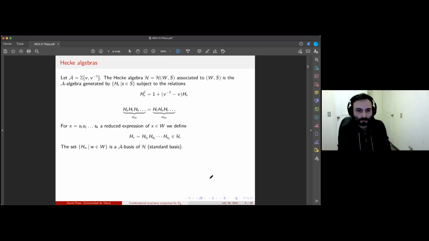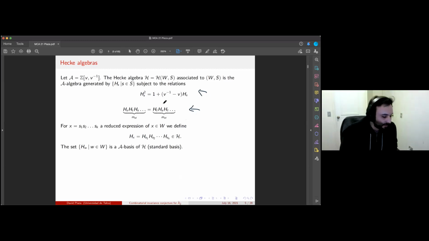Okay, for any Coxeter system, we can associate a Hecke algebra, which we denote by H, and this is the Z[v, v^-1]-algebra generated by symbols H_s, where we have one algebra generator for each group generator, and these generators satisfy 2 types of relations, the quadratic relation and the braid relation.